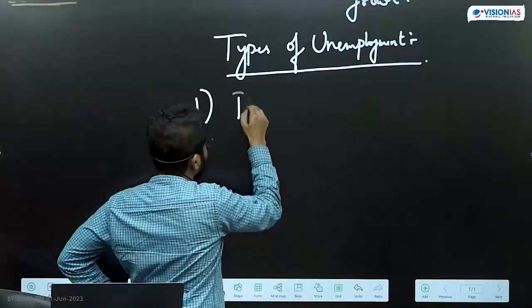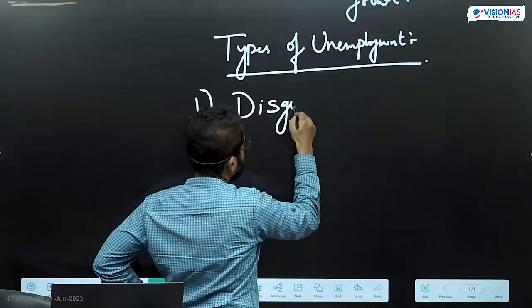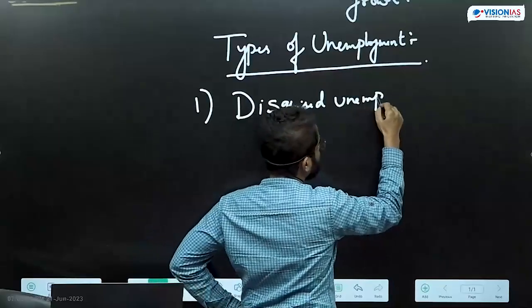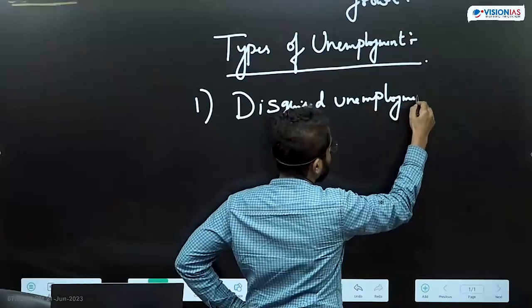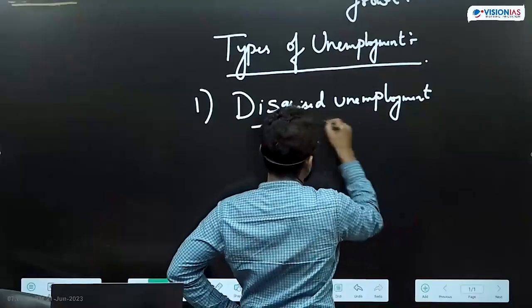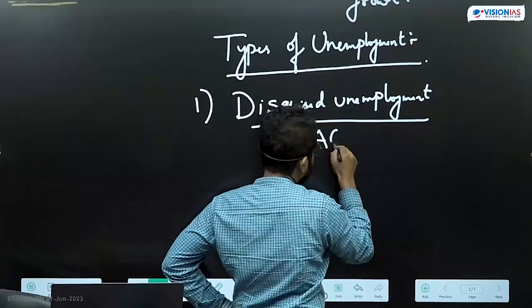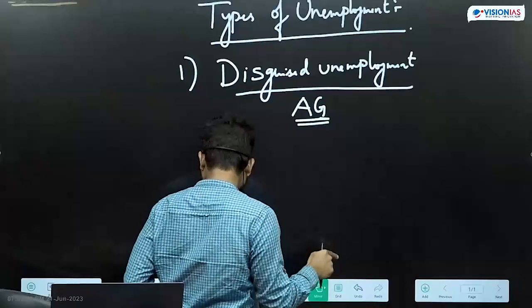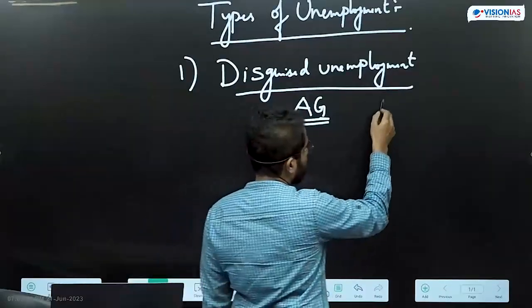First we have disguised unemployment. This disguised unemployment can be related to Indian agriculture. More people than required are working in the farm.